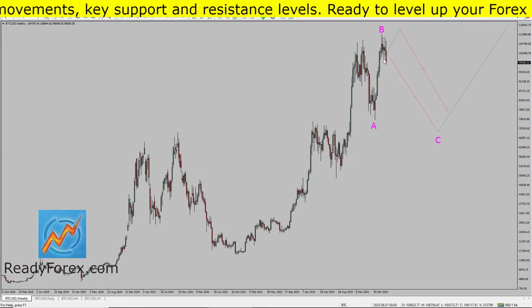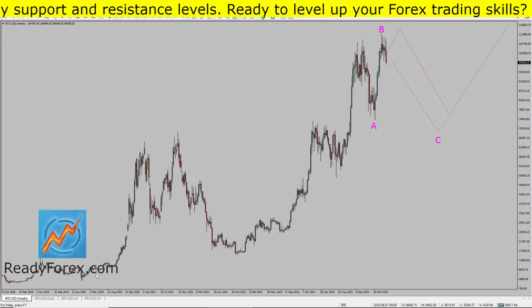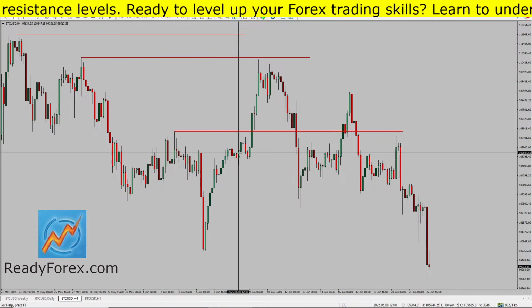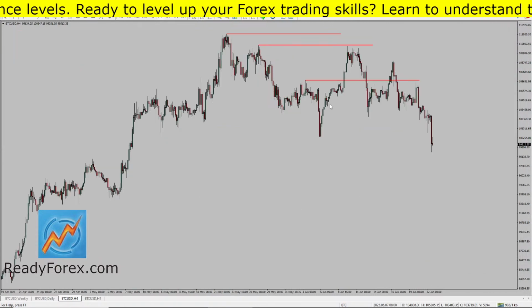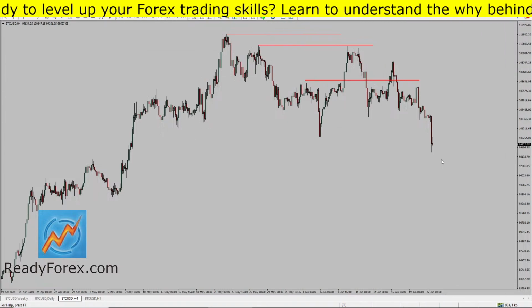If we look at the 4-hour time frame, it looks to me like kind of choppy price action over here. The market is going down overall, just keeps stepping lower.